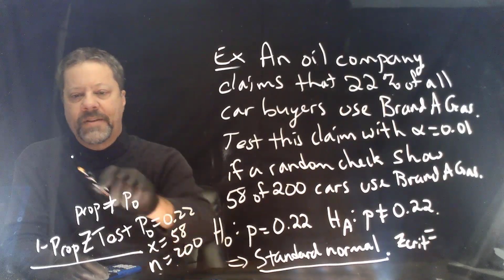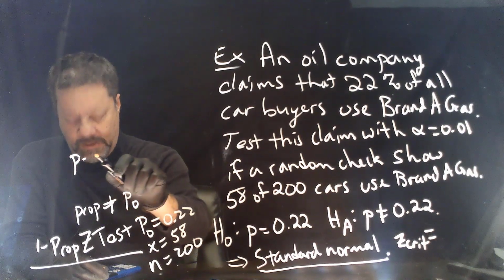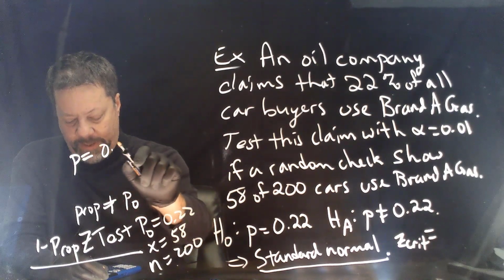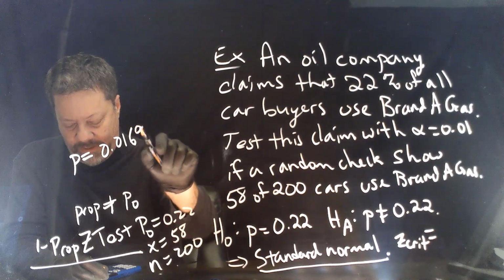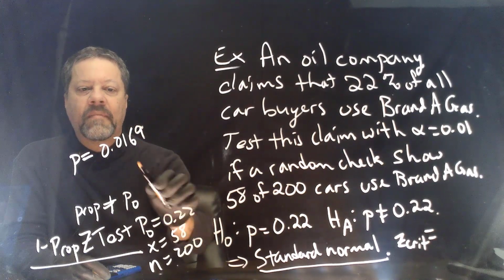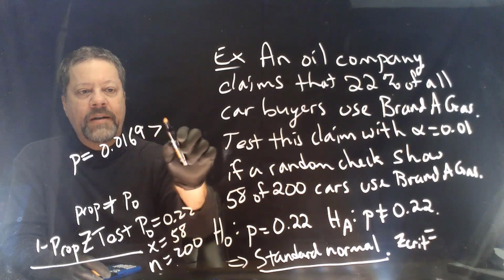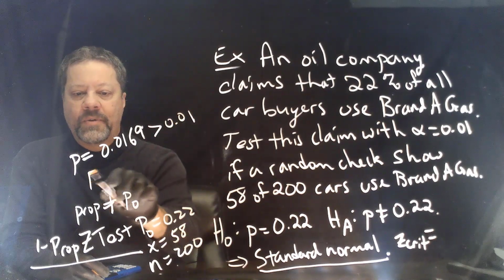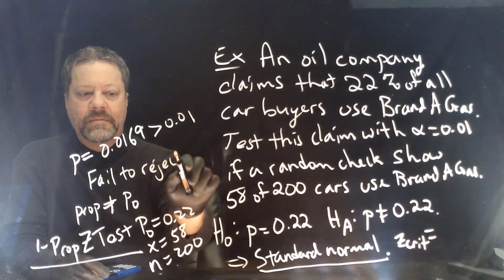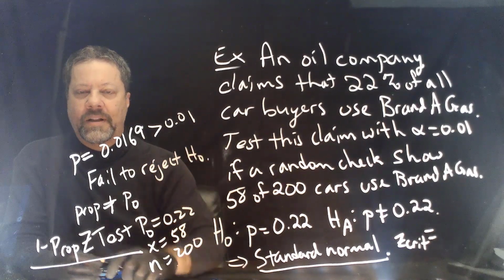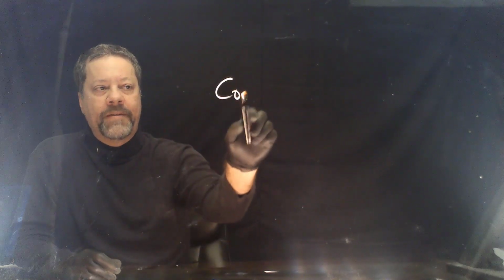What we end up with is a p-value of 0.0169, I'll round it to that, which is greater than 0.01, and so we fail to reject the null hypothesis. There is a third way of conducting these hypothesis tests called the confidence interval method.